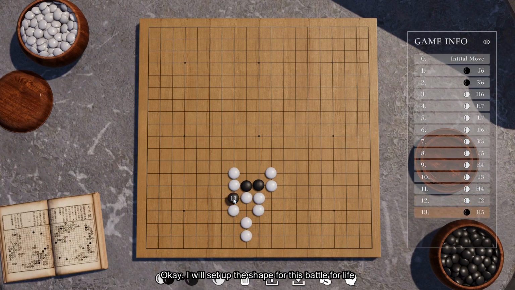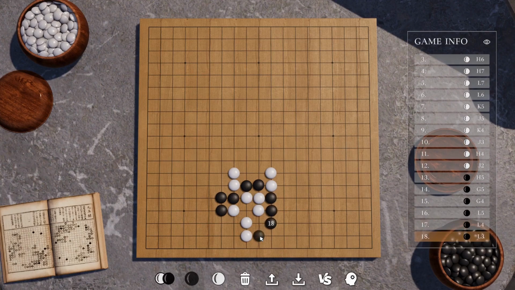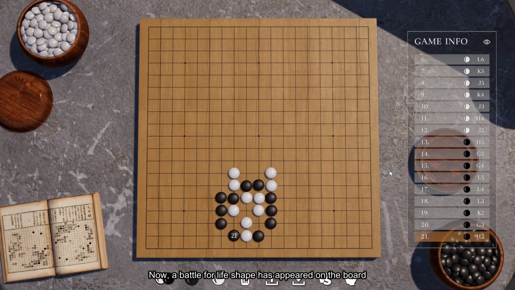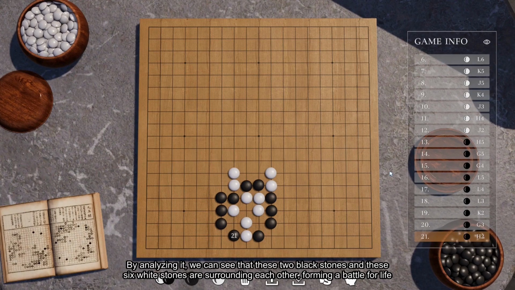Okay, I will set up the shape for this battle for life. Now, a battle for life shape has appeared on the board. By analyzing it, we can see that these two black stones and these 6 white stones are surround each other, forming a battle for life.